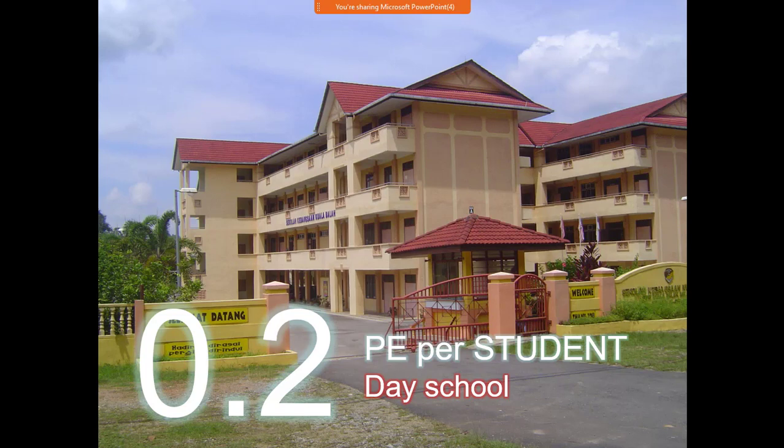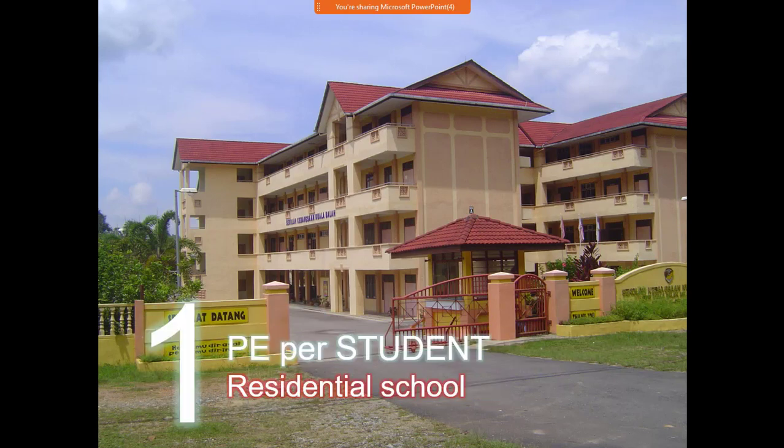If this school has 700 or 400, it depends on the number of students, and we multiply by 0.2. If it is a residential school, each student is counted as 1 PE, because they are using water all over the day, just like any residential area.